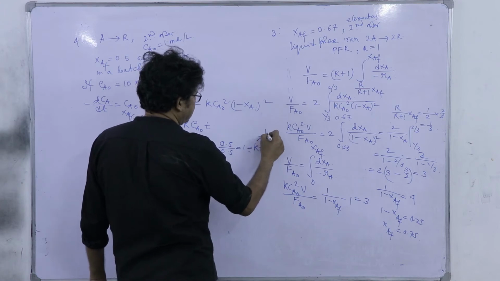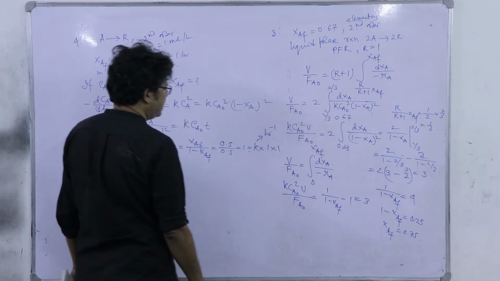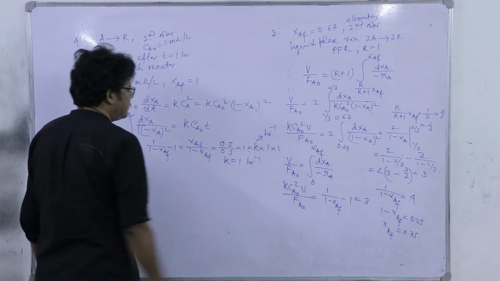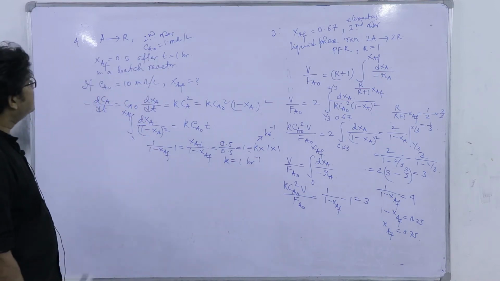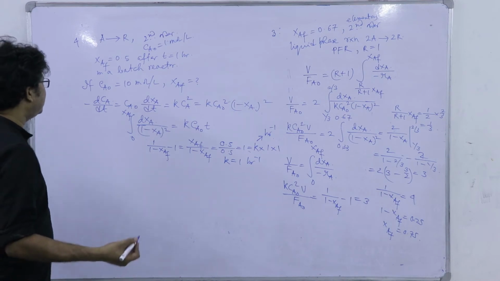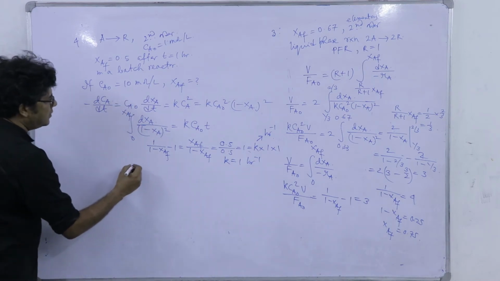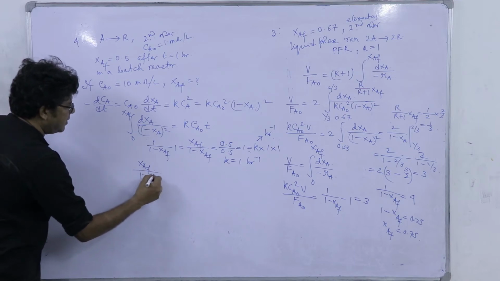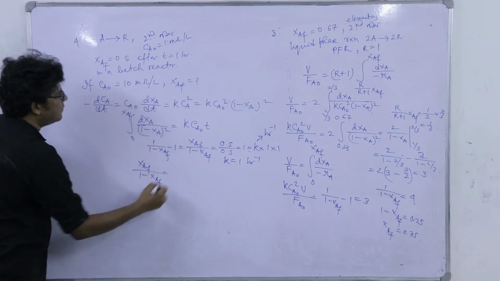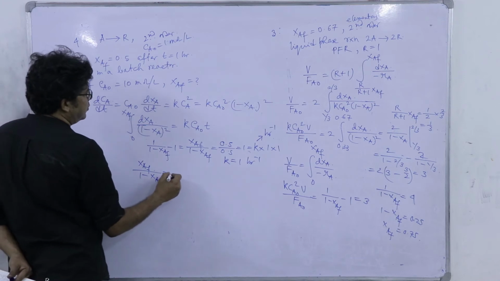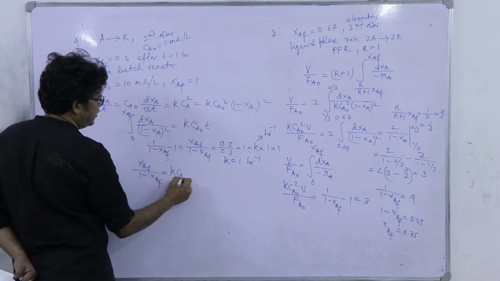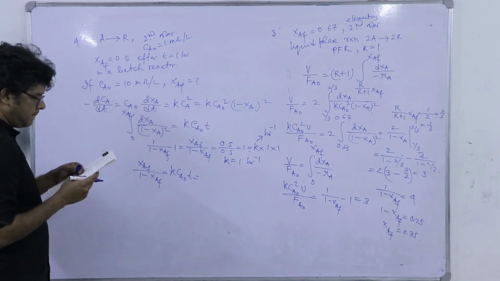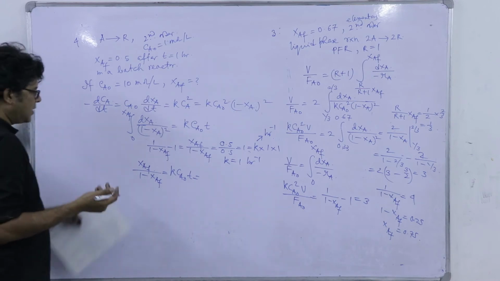So, K is equal to 1 inverse hour. That we have to get from the first information, and simply use in the second. So, here we have XAf divided by 1 minus XAf is equal to K into Ca naught into T, after 1 hour.